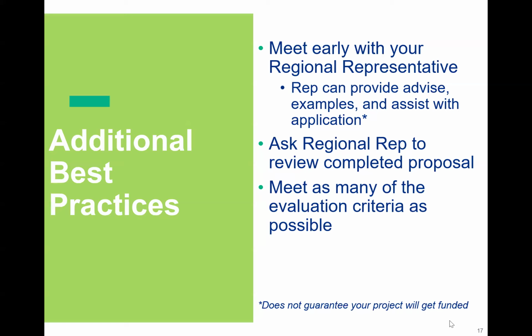So once you have your proposal complete, if you want to make sure all of your I's are dotted and your T's are crossed, you can ask your regional representative to review that and provide some comments. And then the last thing, and this is common sense, but just to reiterate it, you really want to meet as many of the evaluation criteria as you possibly can, and especially the mandatory ones. And with that, I'm going to turn it back over to Gordon, and Silas, you can flip this slide.